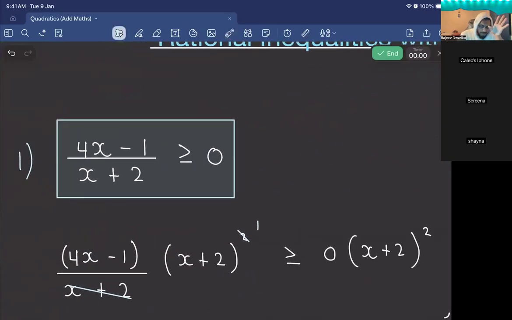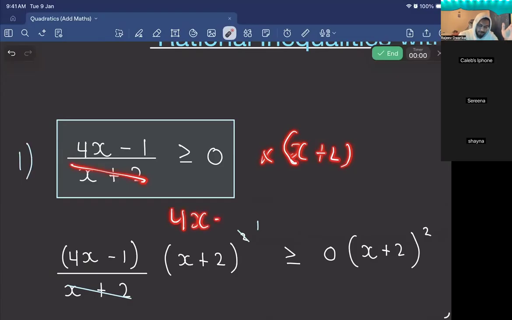So what's the denominator here, guys? x plus 2. Right, so you're probably thinking, well, I can multiply by x plus 2. If I do that, it's going to cancel off on the left-hand side, leaving me with 4x minus 1. And on the right-hand side, the 0 is going to multiply by the x plus 2. What is 0 by anything? 0. What happened to the x plus 2?